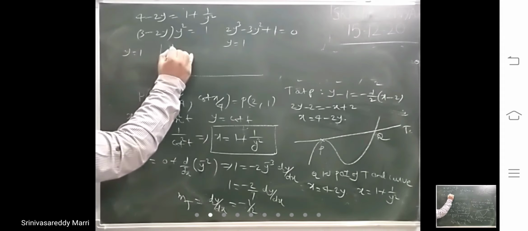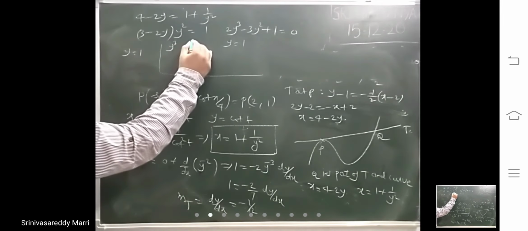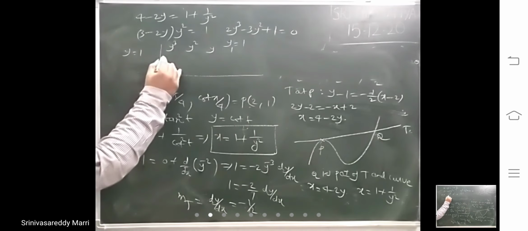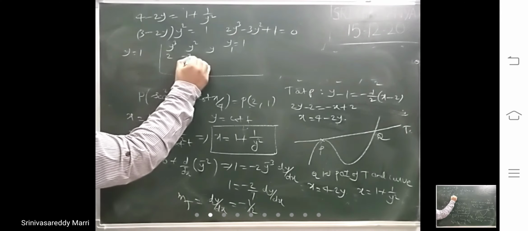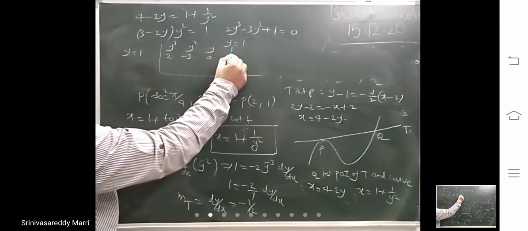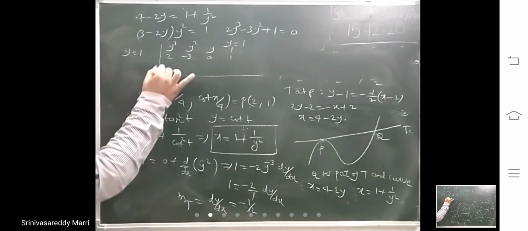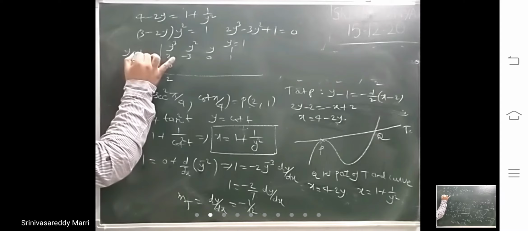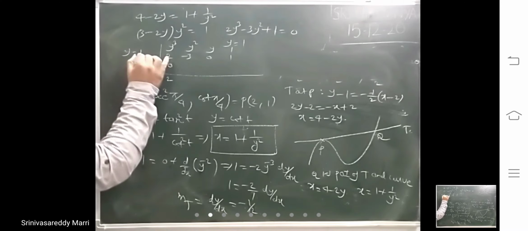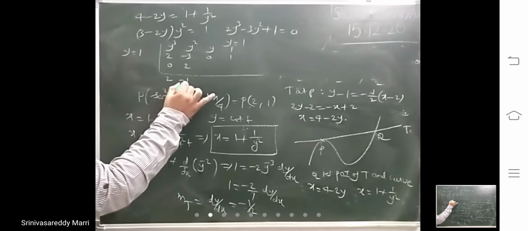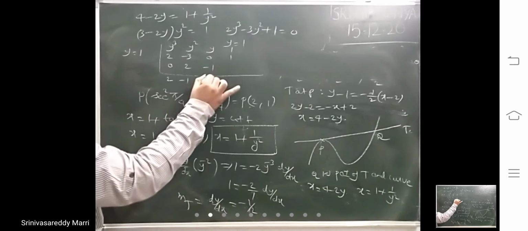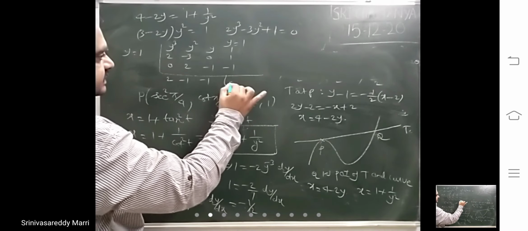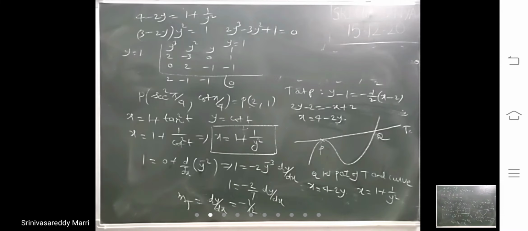Right? So y cube coefficient is 2, y square coefficient is minus 3, y coefficient 0, constant 1. How to do synthetic division? Below this, 0 you substitute. 2 plus 0 is 2. 2 into 1, 2. Minus 3 plus 2, minus 1. Minus 1 into 1, minus 1. 1 minus 1 is 0.